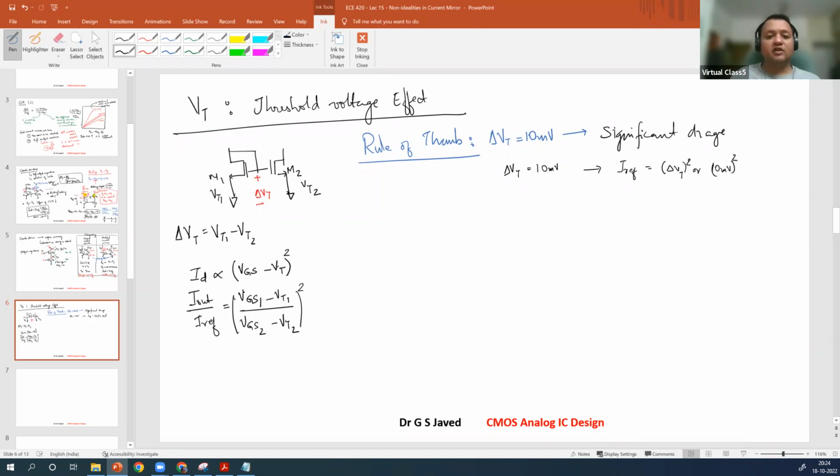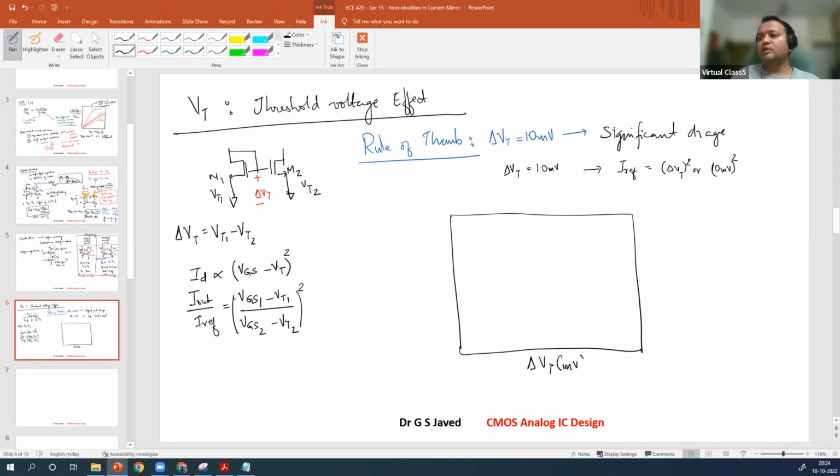Right? So that is why we looked at the impact that we see in a ratioed circuit. Since it is getting impacted, let us see how. Let's draw a graph where the x-axis is given by delta VT, and we are typically always going to be in the millivolt range.